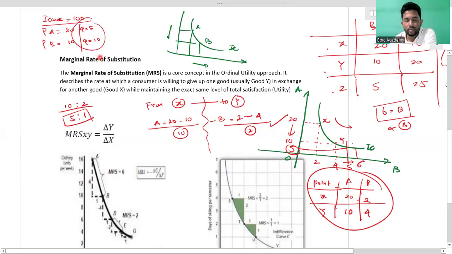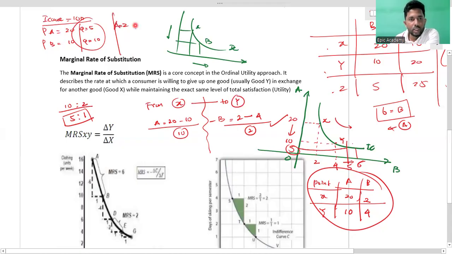That's the theory. Then in practical position, this person tries to consume 2 units of the A commodity.